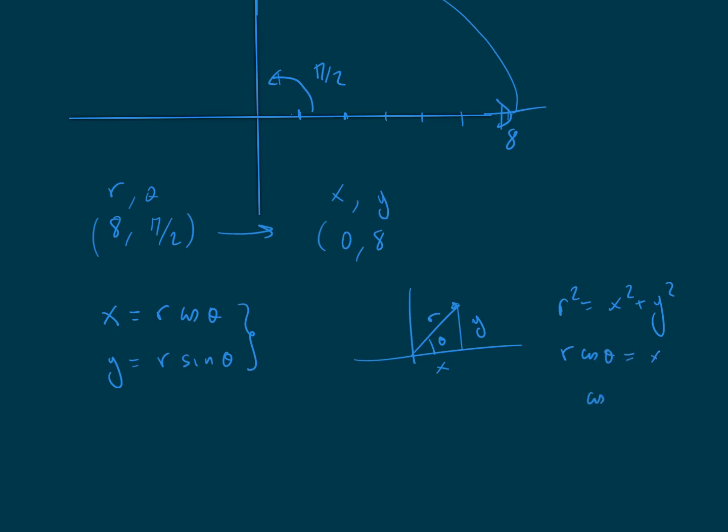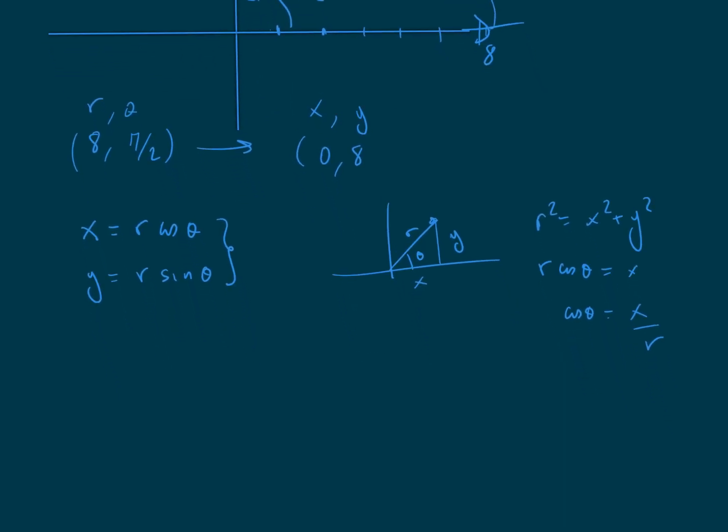Why? Because cosine of theta is x divided by r. And it's clear from the picture that r sine of theta is the y. Why? Because sine of theta is y divided by r. So these are the equations.